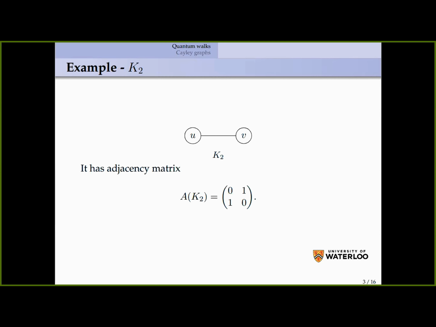It is indexed by the vertices of the graph, and in the UV entry and the VU entry, we have ones because the vertices U and V are adjacent. But on the diagonal, we have zeros because U is not adjacent to itself and V is not adjacent to itself. So that's the adjacency matrix of a graph. It's indexed by the vertices, and we have ones wherever the vertices are adjacent and zeros everywhere else.